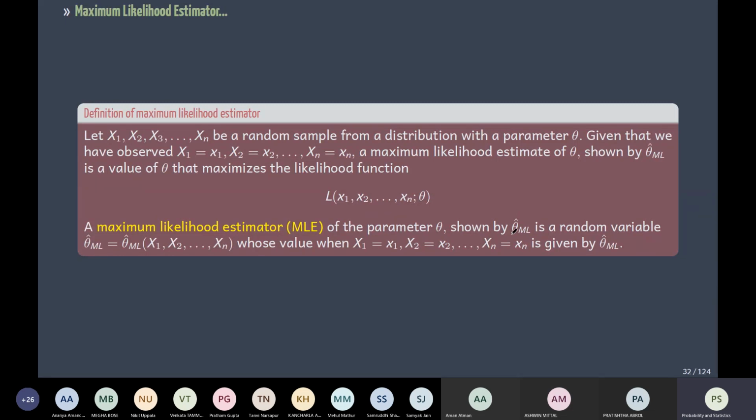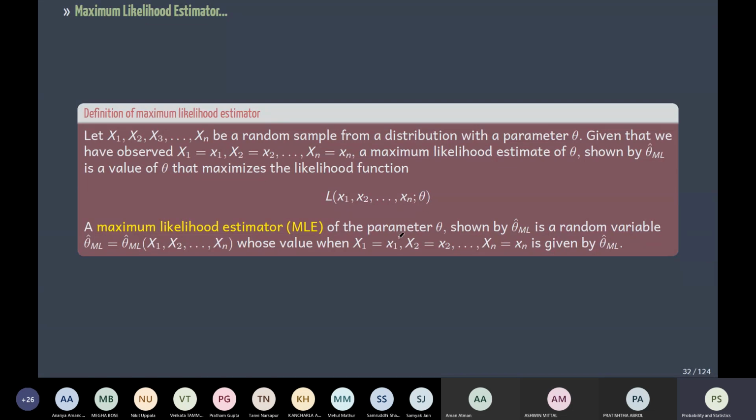So this itself will turn out to be a random variable, whose value at x1 to xn is given by theta hat ML. So you can substitute the values of x, and then you can obtain the maximizing theta value.